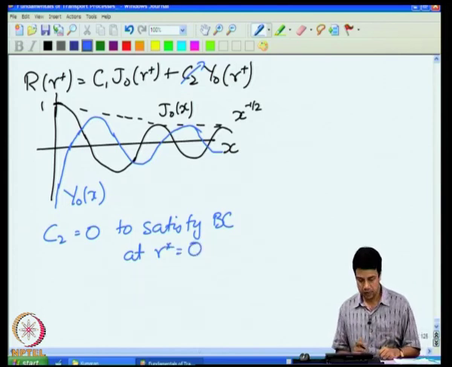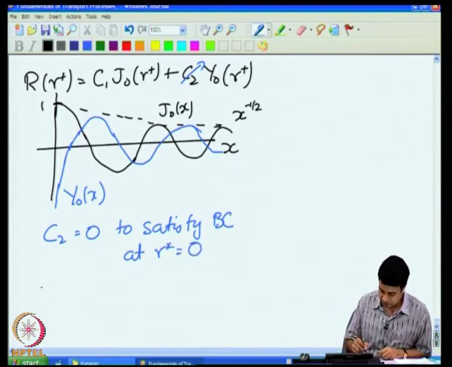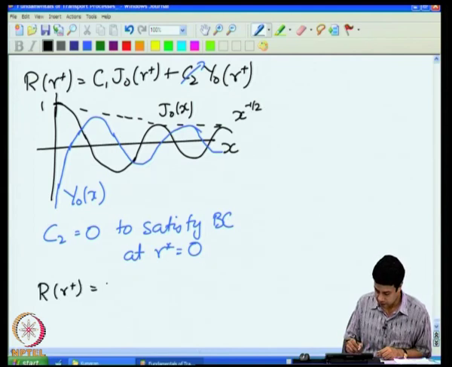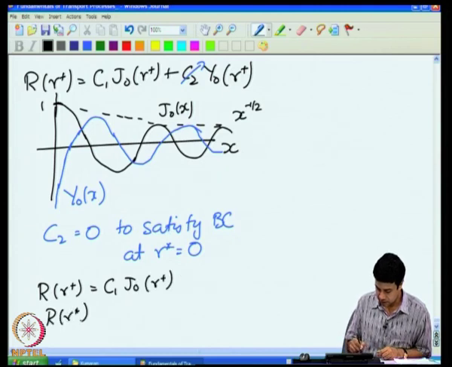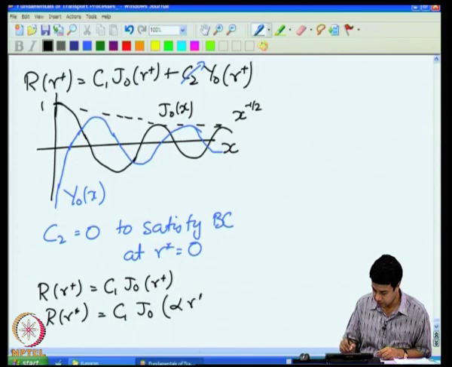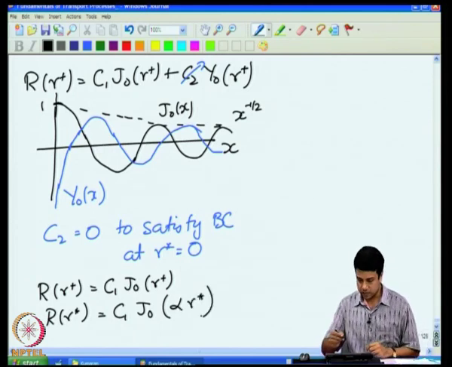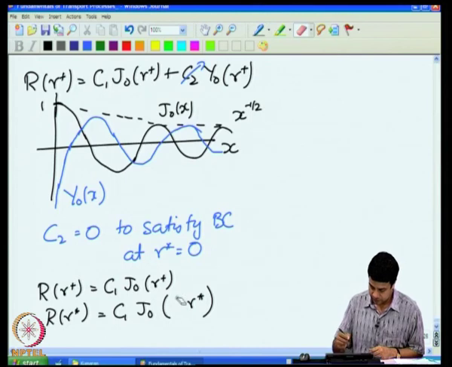Okay. Therefore, the solution that I have is of the form R of R plus is equal to C1 J naught of R plus, or R of R star is equal to C1 J naught of beta R star.